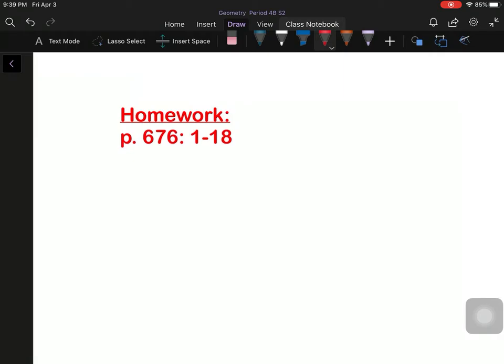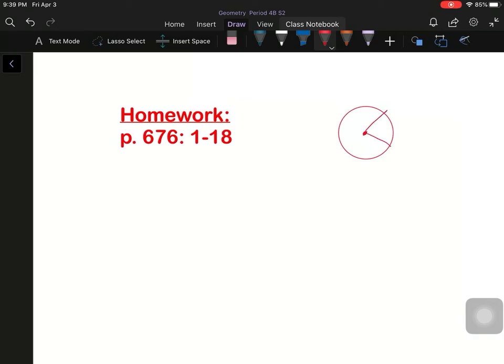Okay? So that is inscribed angles. The key to this lesson is when the angle is on the circle, it's half the measure of the arc. The last lesson, when the angle was at the center of the circle, so when we did questions like this, this was your previous lesson.